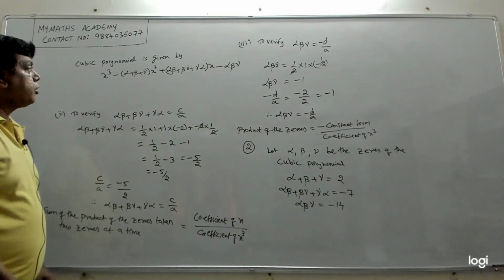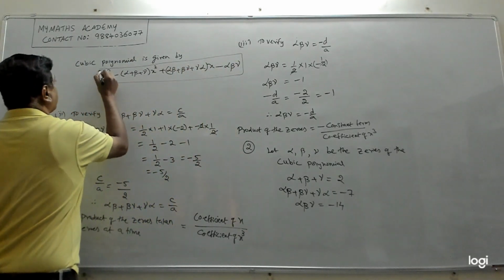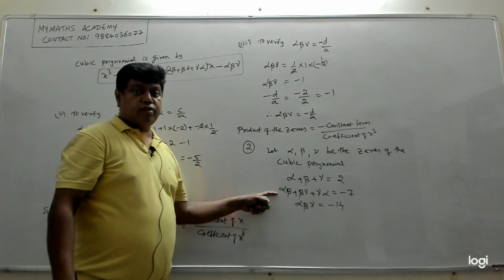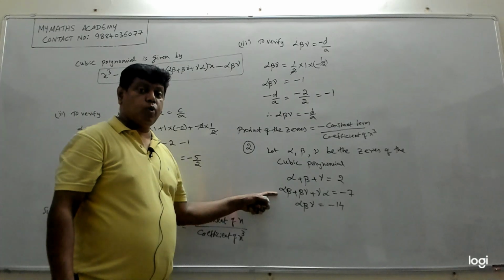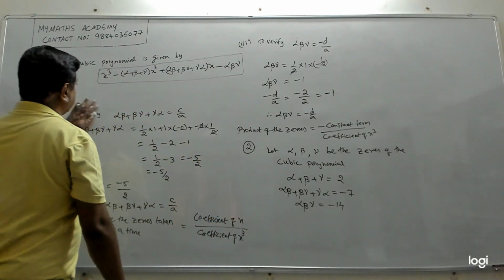This is the formula that you need to know whenever you need to find the cubic polynomial. Whenever these three are given, sum of the zeros, sum of the product of the zeros taken 2 at a time, and product of the zeros, right?